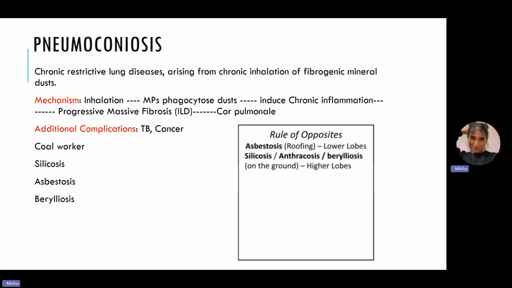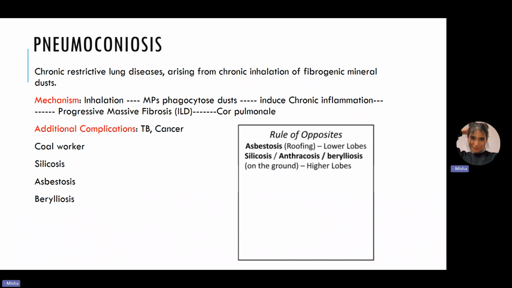Finally, we have asbestosis, the worst one. We have an increased risk of lung cancer and mesothelioma. And for mesothelioma, please remember we do not have any kind of treatment. So if the patient comes with mesothelioma, very bad prognosis.